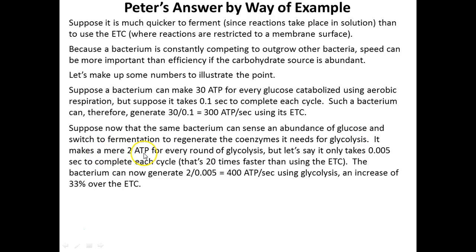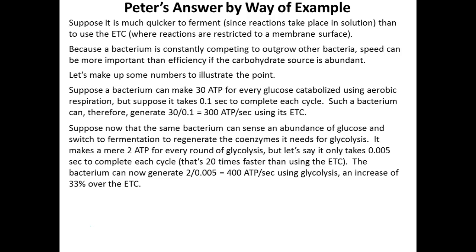This only produces 2 ATPs for every round of glycolysis, right? Which is definitely less than 30, but it only takes them 0.005 seconds to complete a cycle. So they can do it 20 times faster than aerobic respiration. So in a second, they can generate 100 more, because in this example they can generate 400 ATP per second, just doing glycolysis via fermentation.